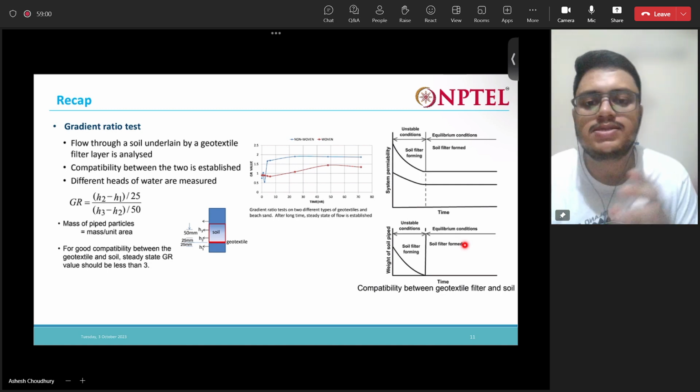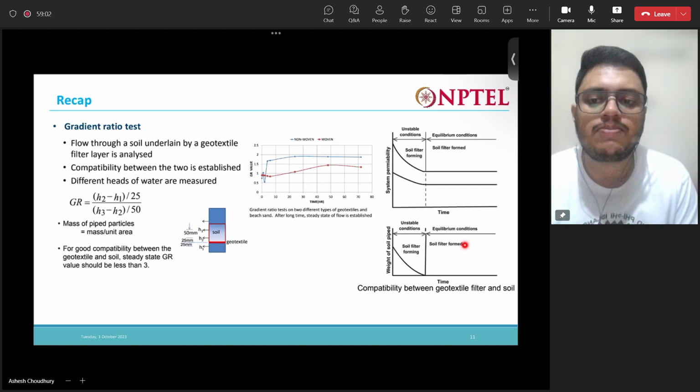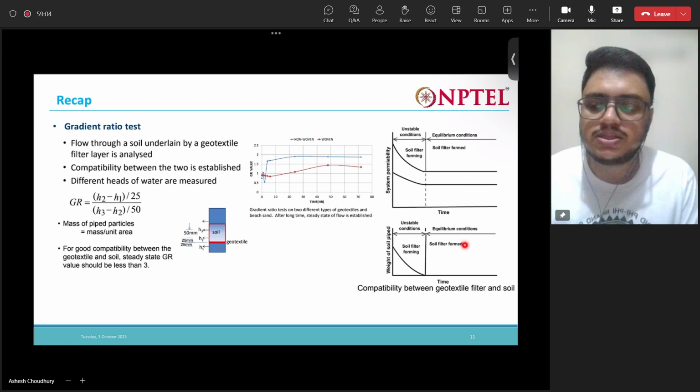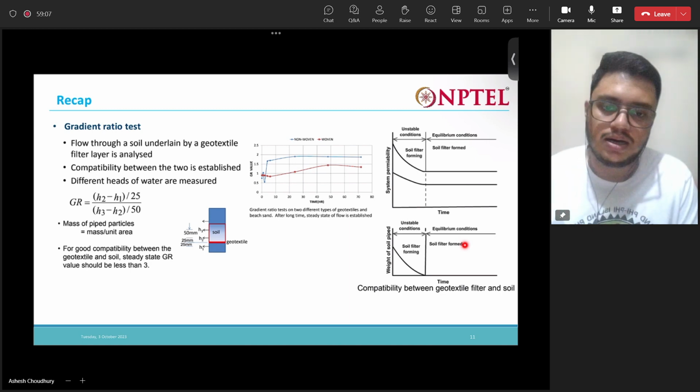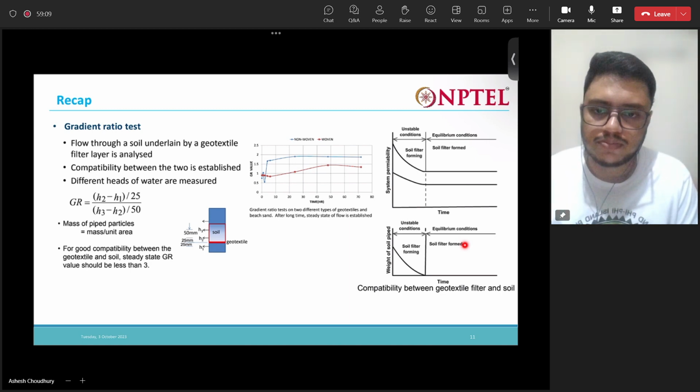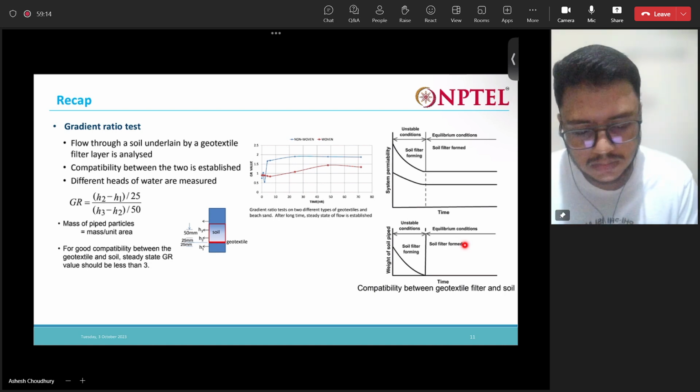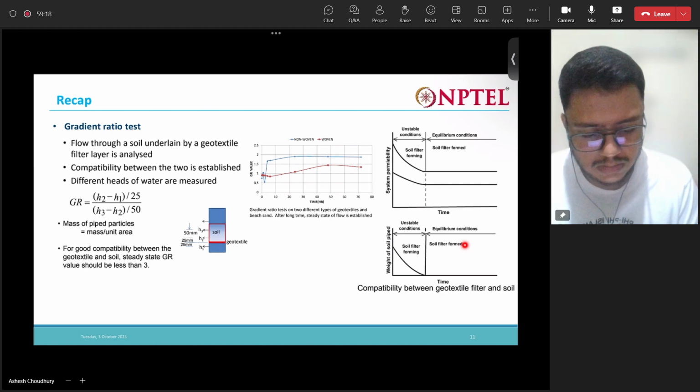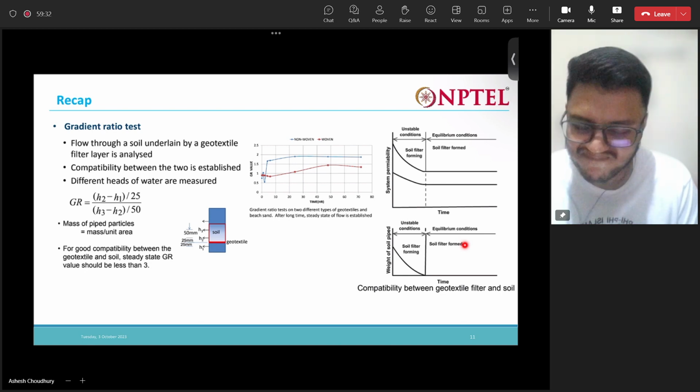Okay, so like this we need to do some tests and establish the compatibility between the geotextile and this soil, right?